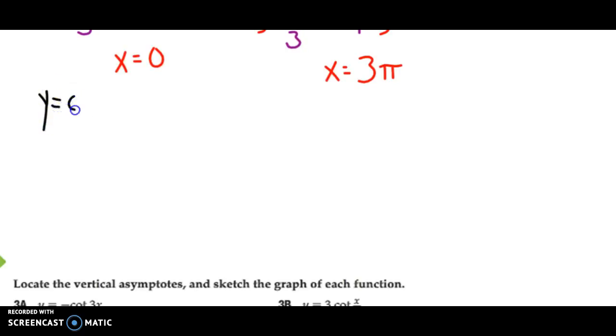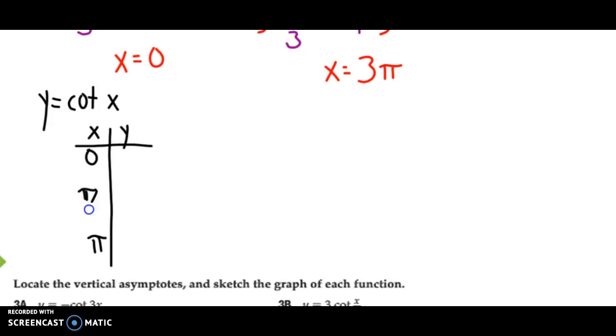Let's first look at just cotangent of x. Remember, our vertical asymptotes are generally at 0 and pi. And so halfway between would be pi over 2, and then we get pi over 4, and 3 pi over 4.